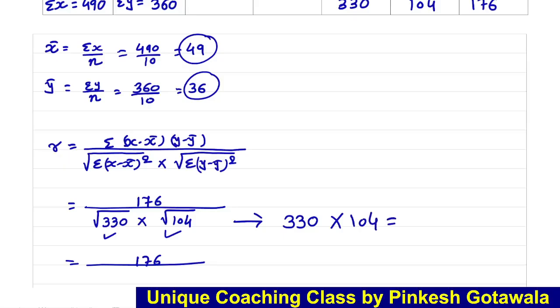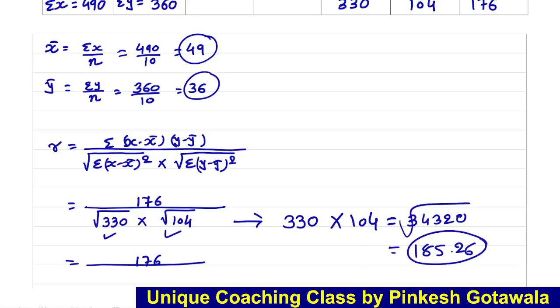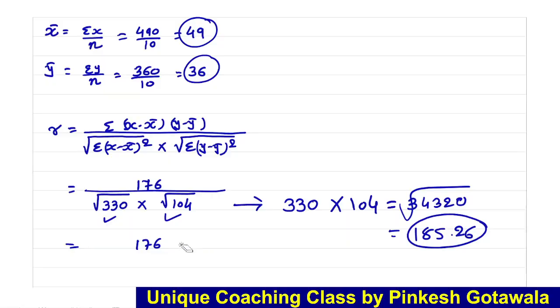On a calculator, 330 into 104, it will come 342,320, and then take the root. So you will get the answer 185.26, and directly you can write here 185.26. So instead of taking roots individually, you can take the root of the product.